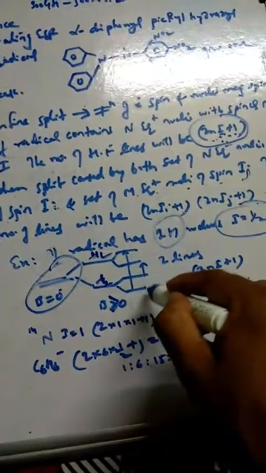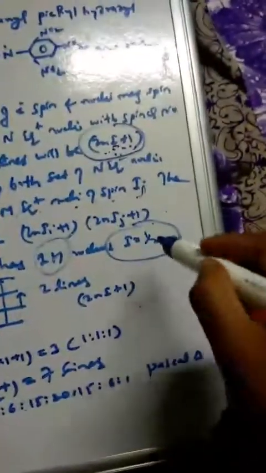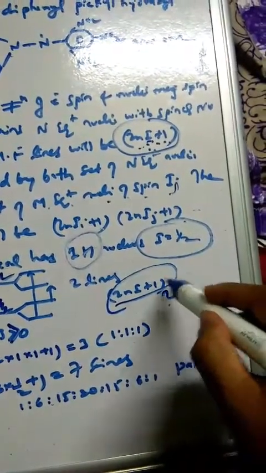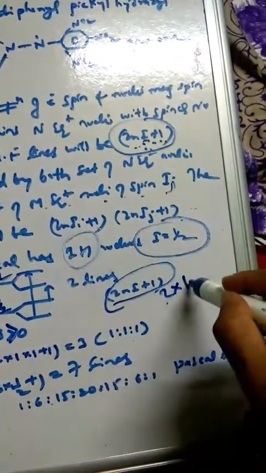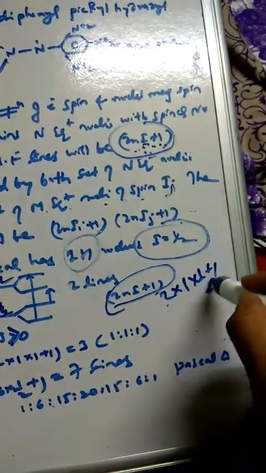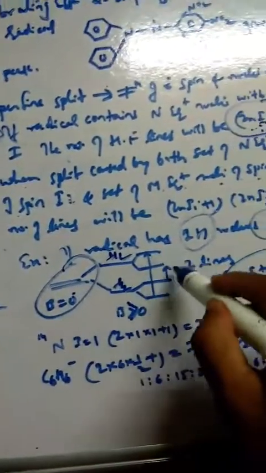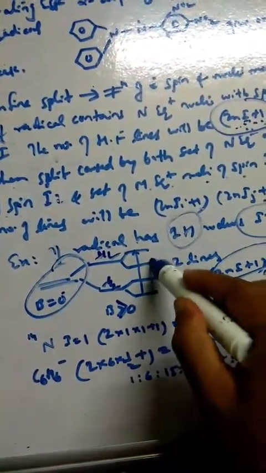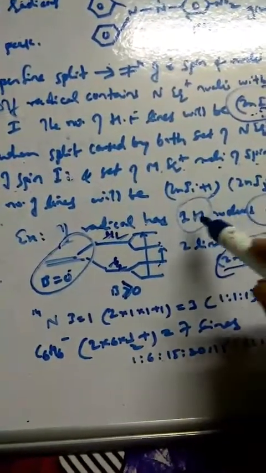Using the formula 2nI plus 1, with n equal to 1 and I equal to half, 2 times 1 times half plus 1 gives 2. So we get 2 lines, 2 transitions, for the hydrogen.